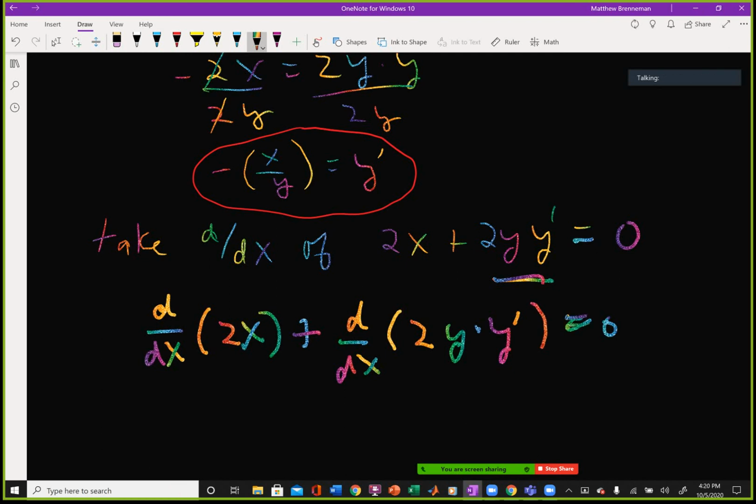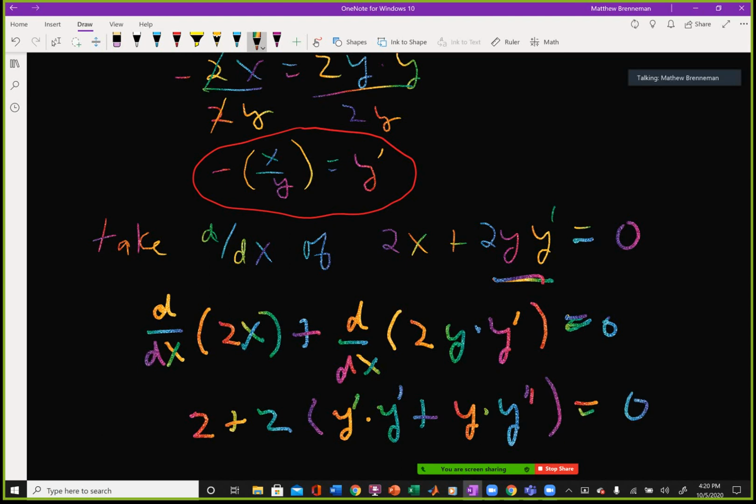Okay. Of course, first term doesn't pose us any problems. That's just a 2. And the 2 factors out of the second term, but now I'm going to have the product rule, right? So I'm going to have y prime times y prime plus y times y double prime.